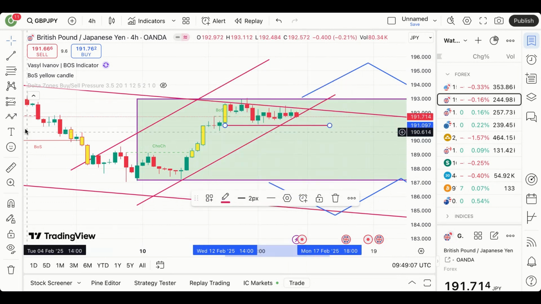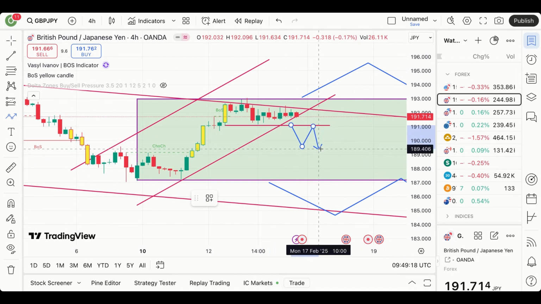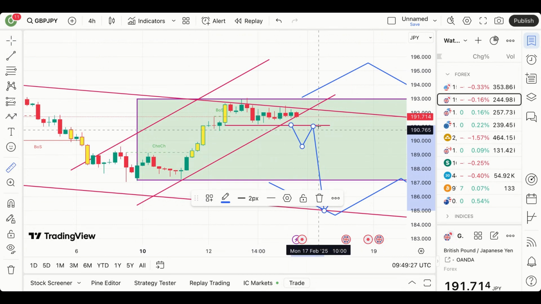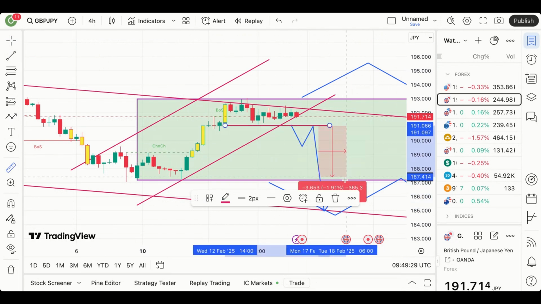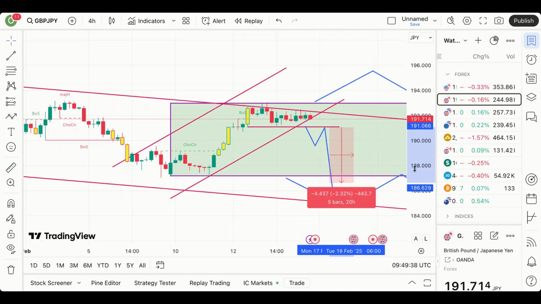Once this support is broken, we look for a retest and look for a signal to trade downward to this end. So how many pips are we looking at? Let me just reduce this.